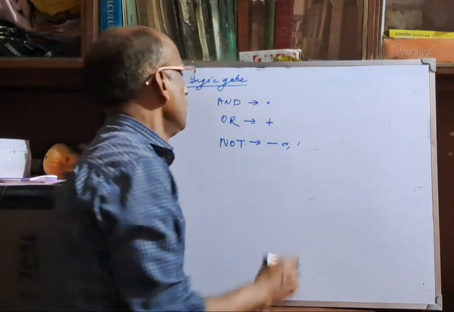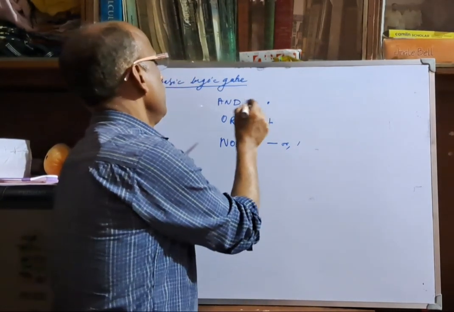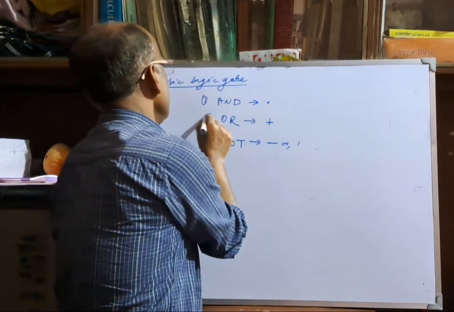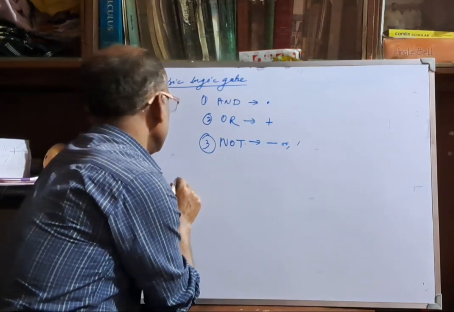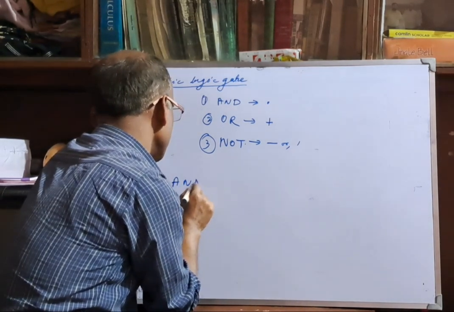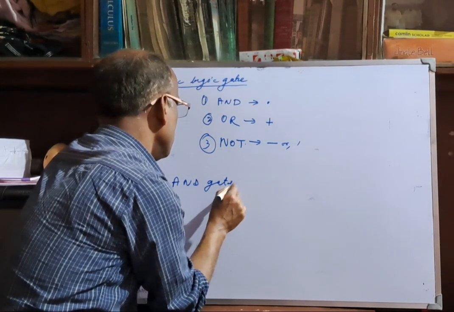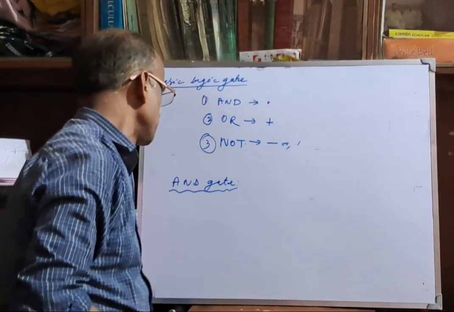Okay. You just see what is happening in the case of the first. I am just defining the first one, the AND gate. This is called the AND gate. You just see how this can be expressed.